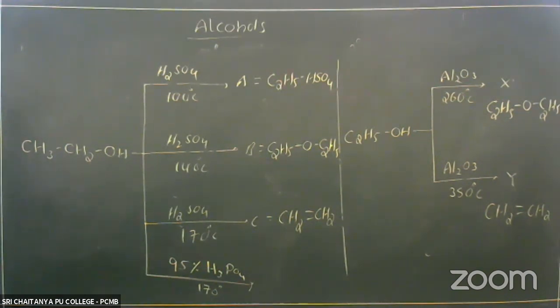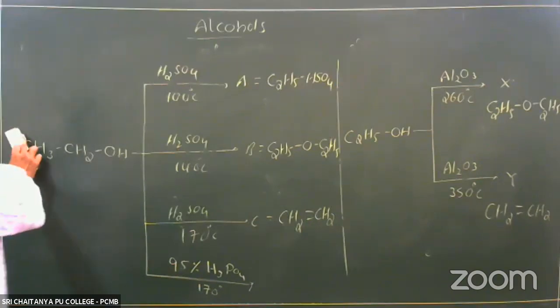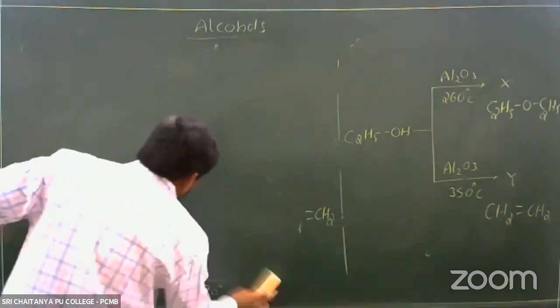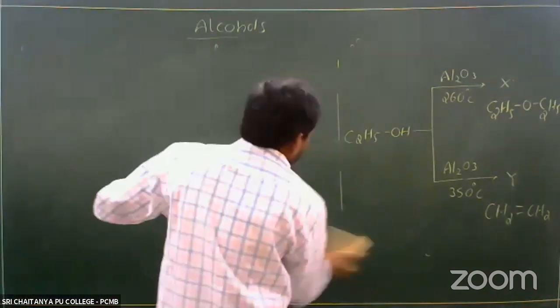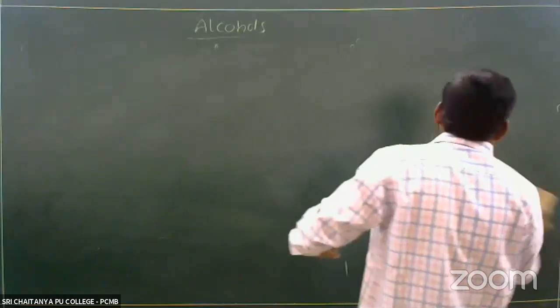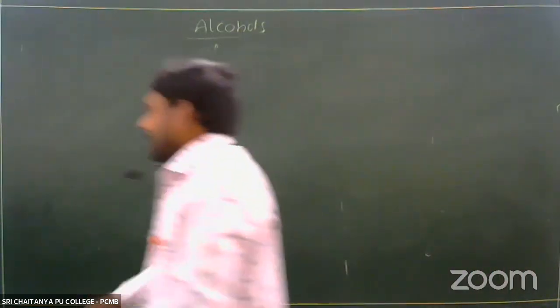If two or more dehydration products are possible, among these only one is the major product. Example.